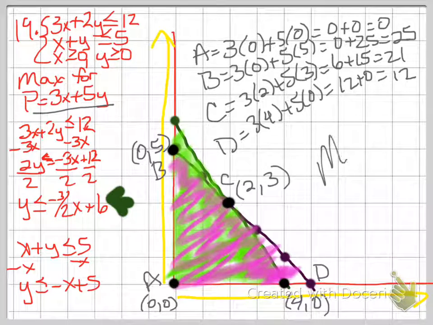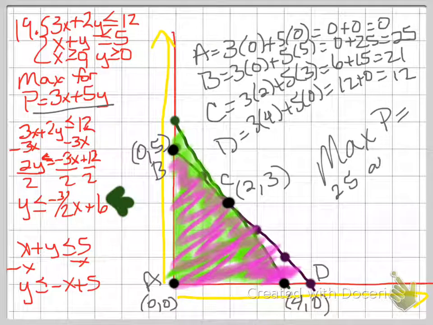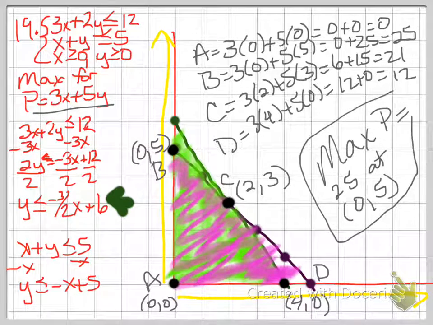So my max P is equal to 25 at 0, 5. Okay, max P is 25 at 0, 5.